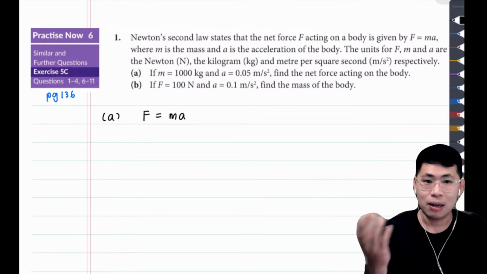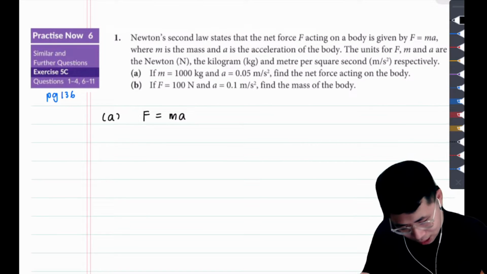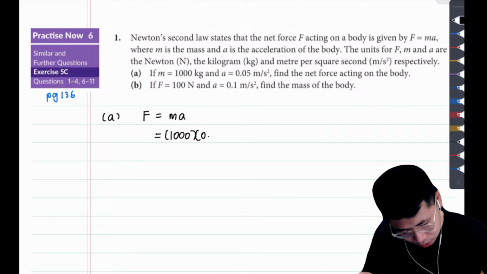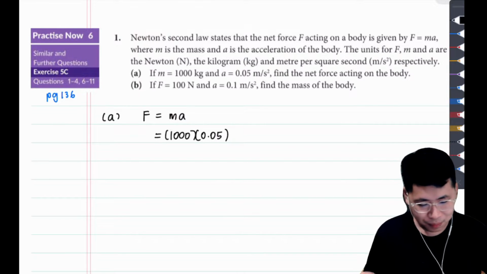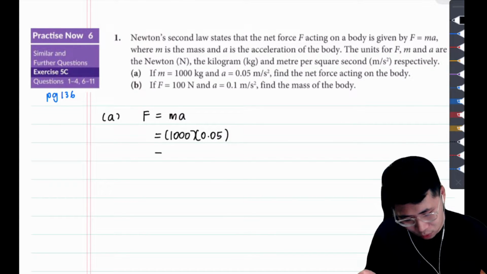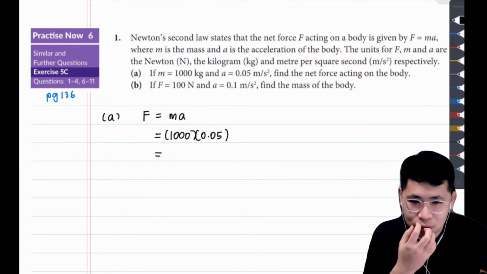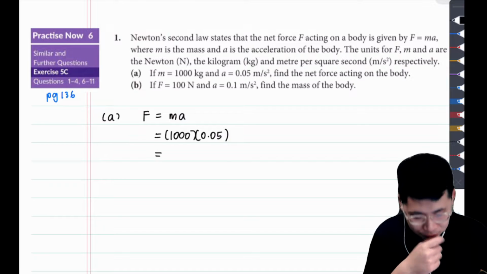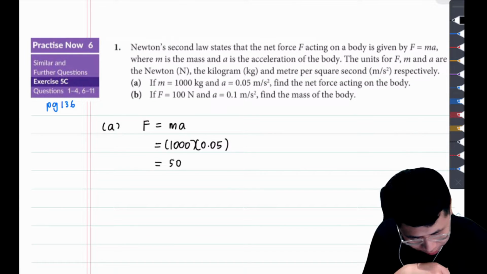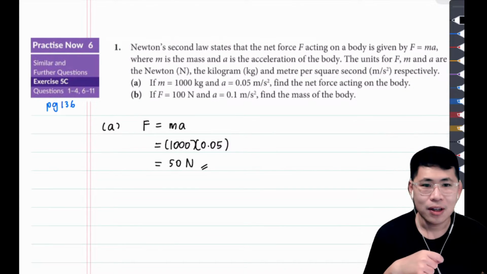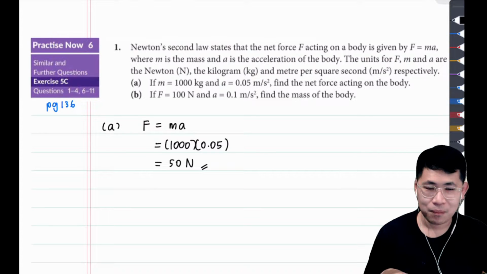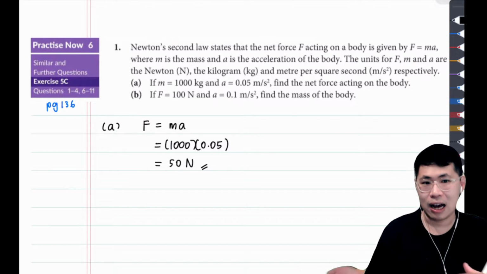We substitute the numbers in to find F. So m is 1000, a is 0.05. We have 50 Newton as our final answer. So this is part a: substitute the numbers, find the unknown.